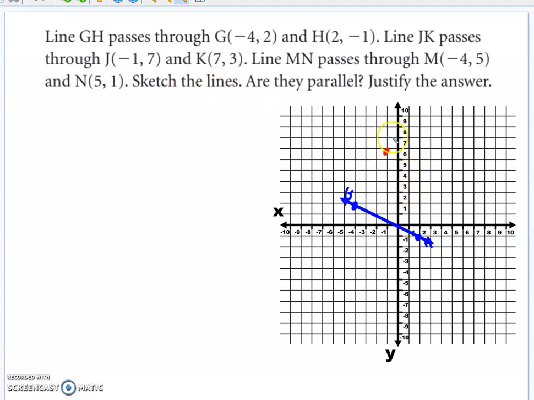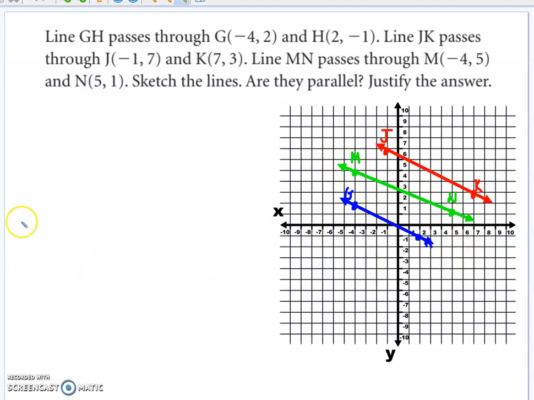And then we have 7 and 3. So this is K. Once again, I'll attach those two with a line segment. And then the last one we have M, which is -4 and 5. We have N, which is 5 and 1. And let's attach a line segment through those.